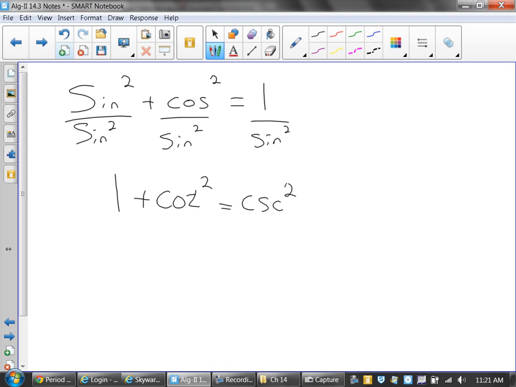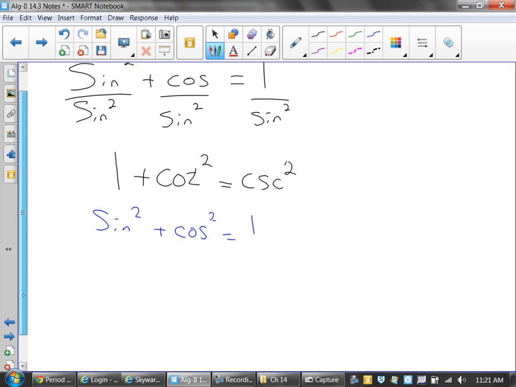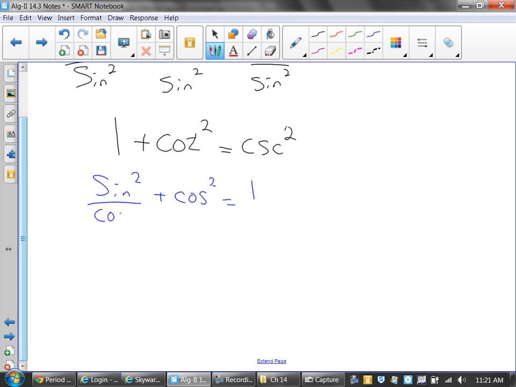If I start with the same idea, but instead of dividing by sine squared, I divide everything by cosine squared, I'd get something different, wouldn't I? What's sine squared over cosine squared?